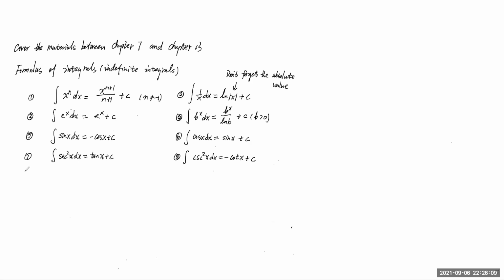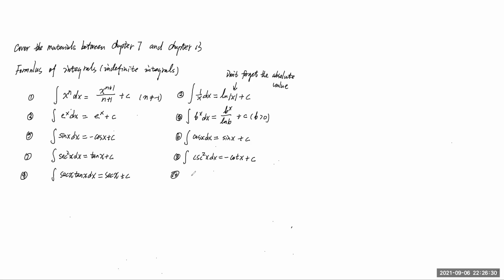So the ninth formula is secant x times tangent x dx. The antiderivative is secant x plus c.